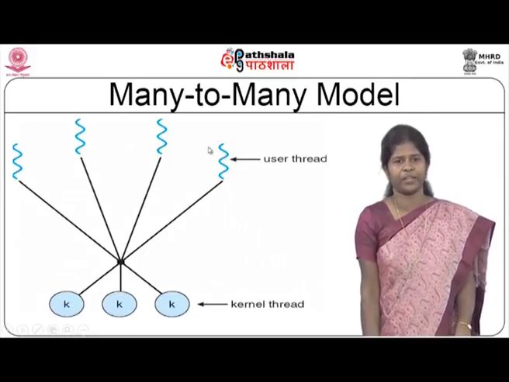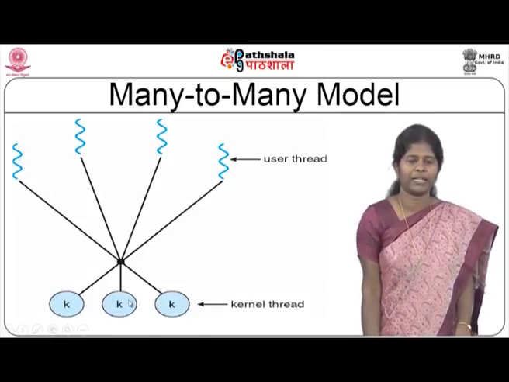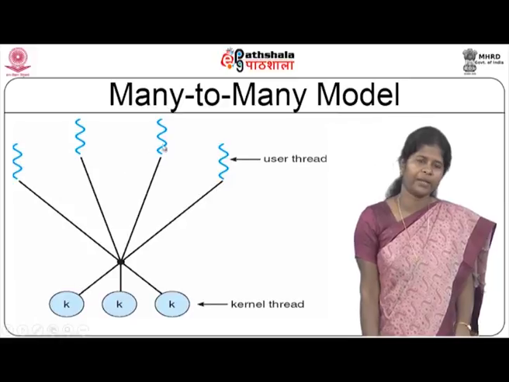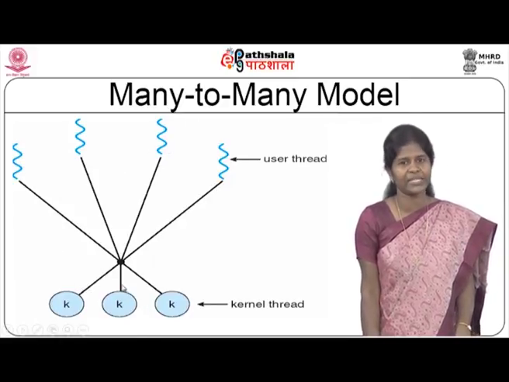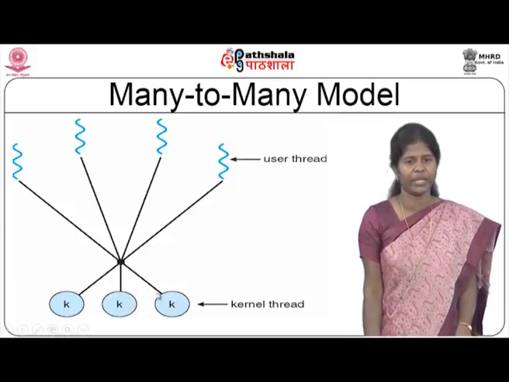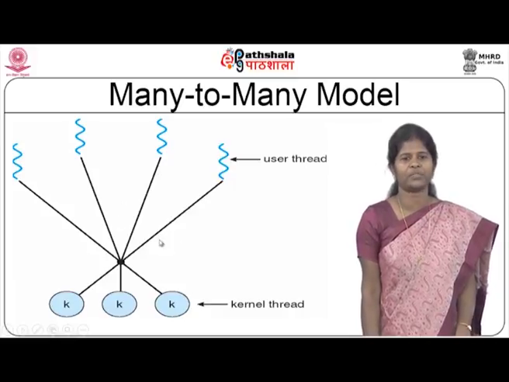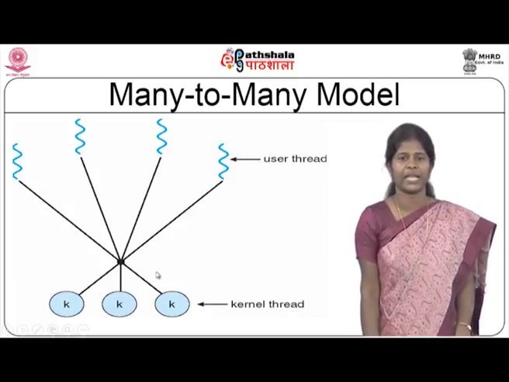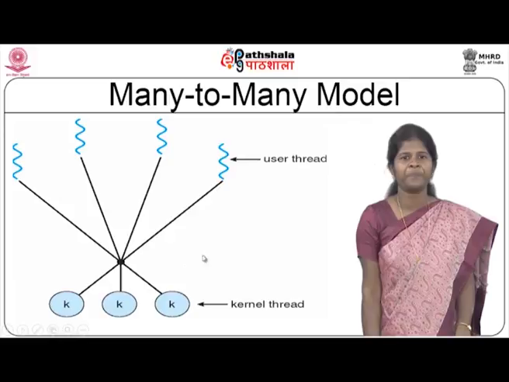You can have a number of user threads mapped onto multiple kernel threads. Compared to the one-to-one model, you can even have fewer kernel threads, but more than one, and need not be equal to the number of user threads. Scheduling has to be done between the user threads and the kernel threads, and the mapping has to be done properly. So, these are the different types of multi-threaded models.